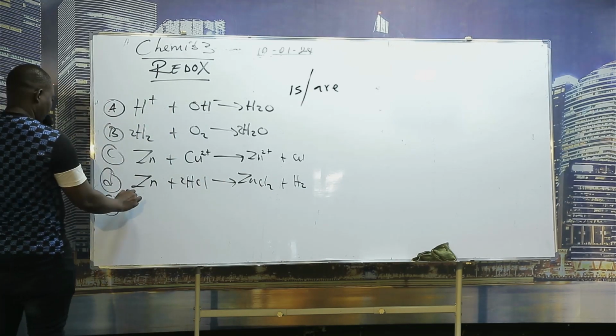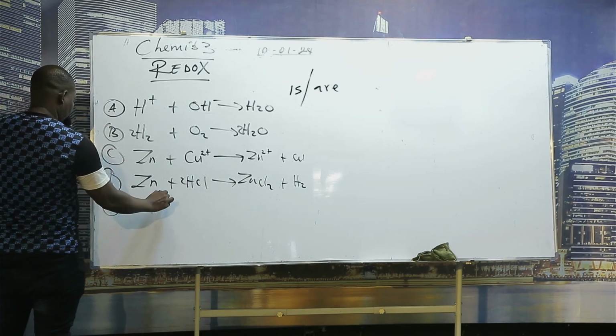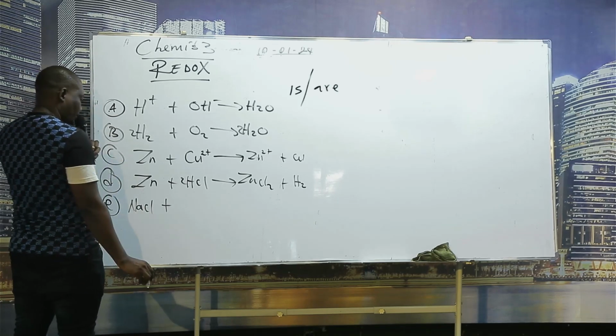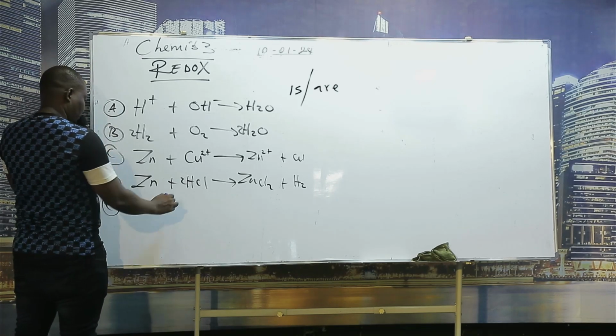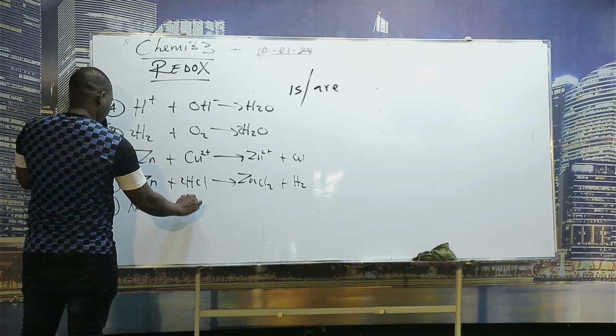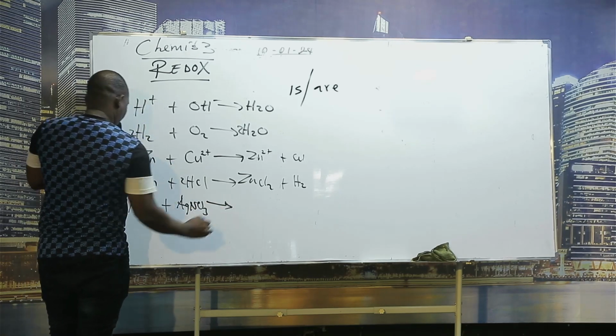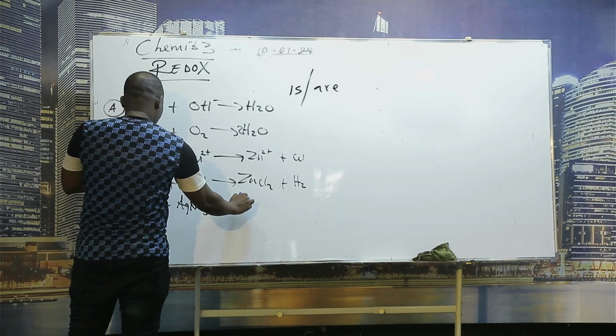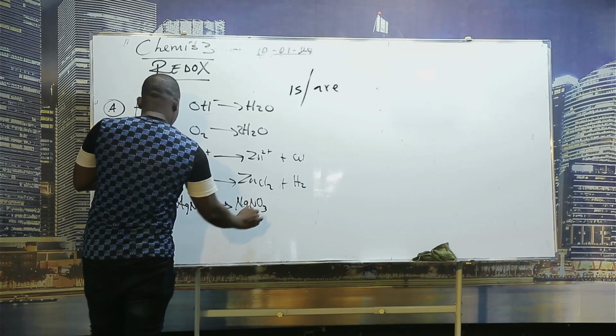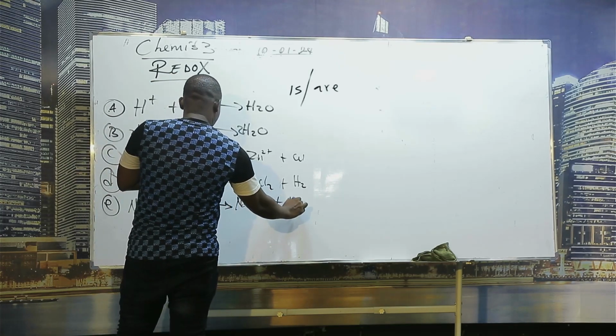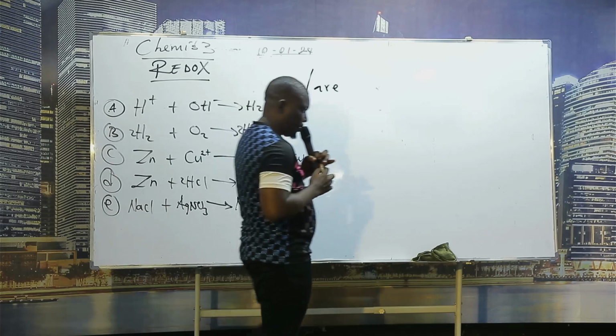E. NaCl plus AgNO3 equals NaNO3 plus AgCl.